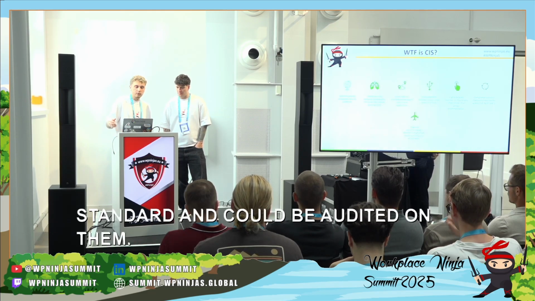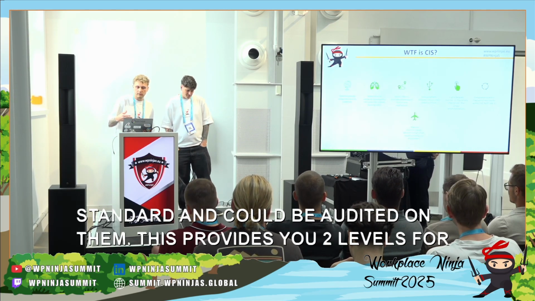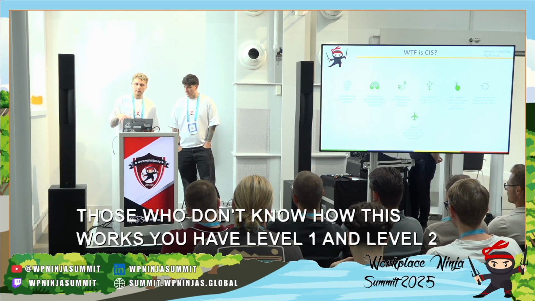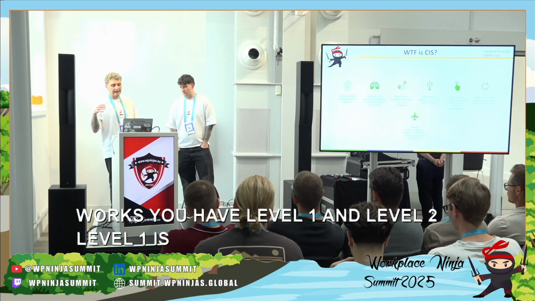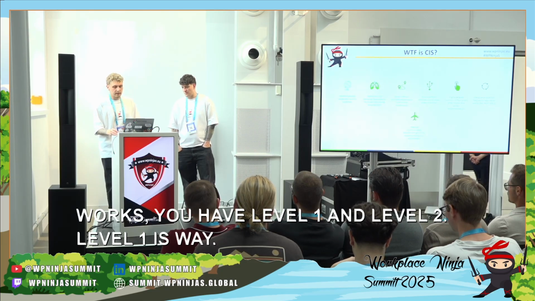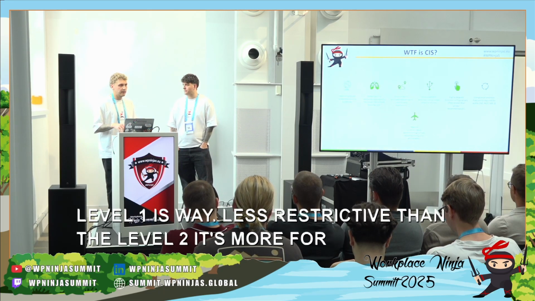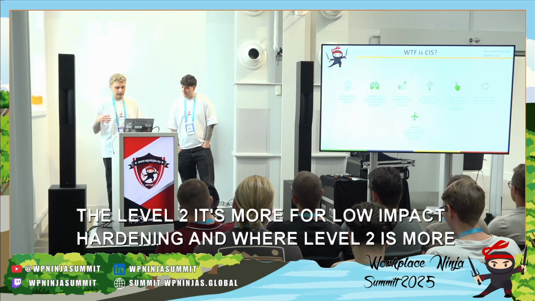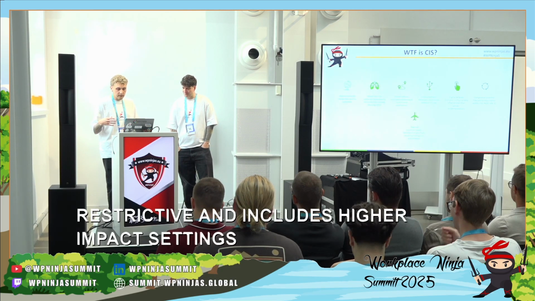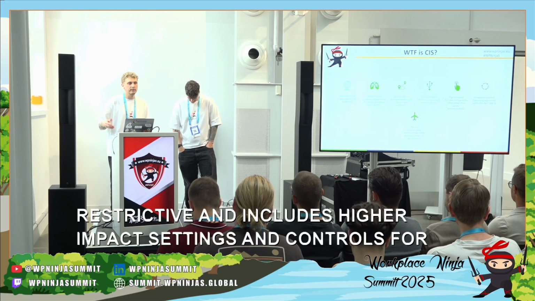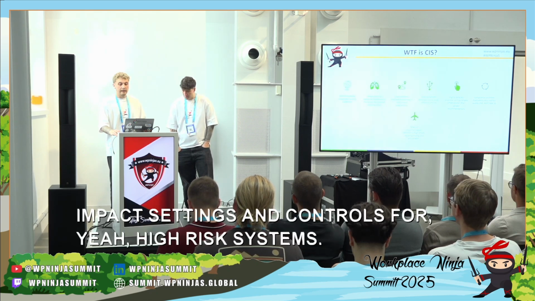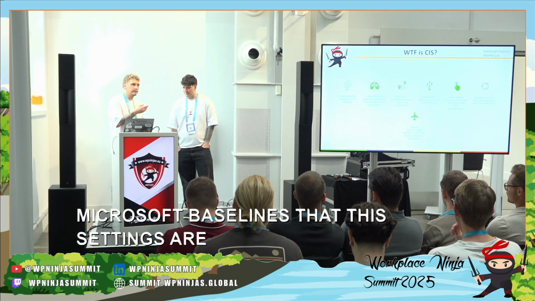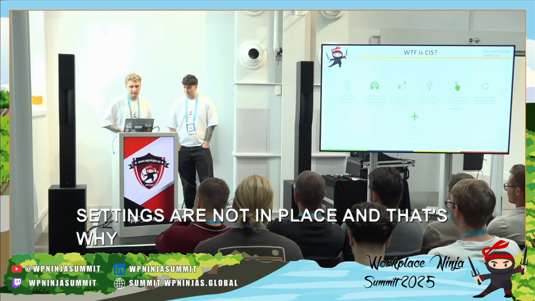CIS provides you two levels. For those who don't know how this works, you have level 1 and level 2. Level 1 is way less restrictive than level 2. It's more for low impact hardening, whereas level 2 is more restrictive and includes higher impact settings and controls for high risk systems. Unlike the Microsoft baselines, the CIS settings are not in place, and that's why we have this presentation.